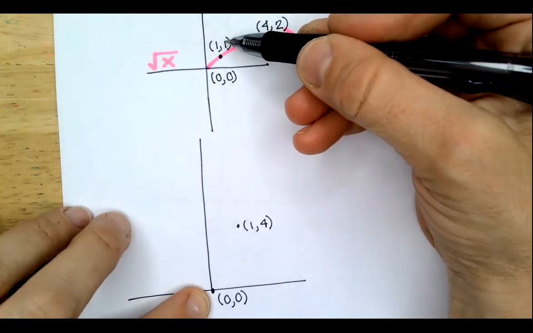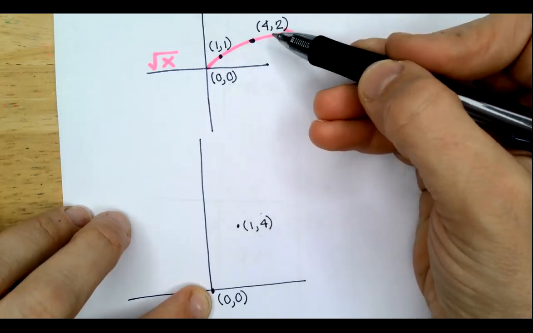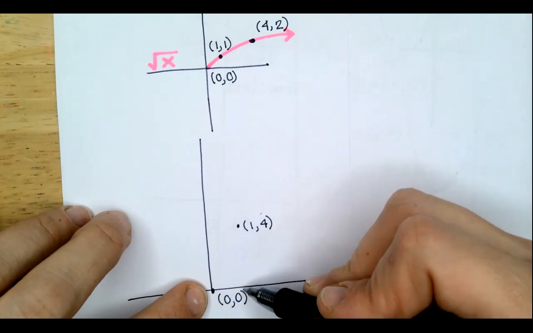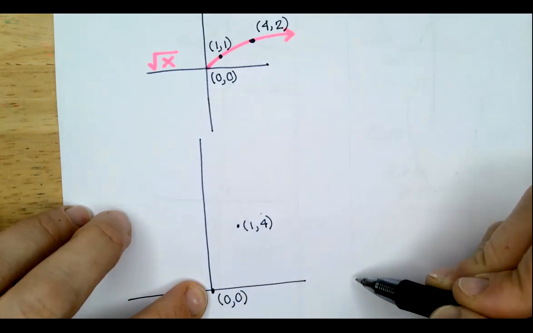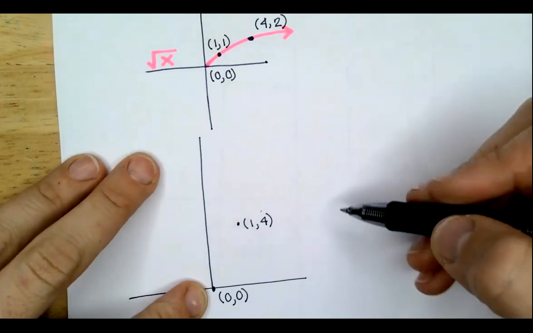So that 1 on the y is now a 4, because 1 times 4 is 4. That 2 is going to become an 8, right? So 0, 0, 1, 4, and 4, 8.